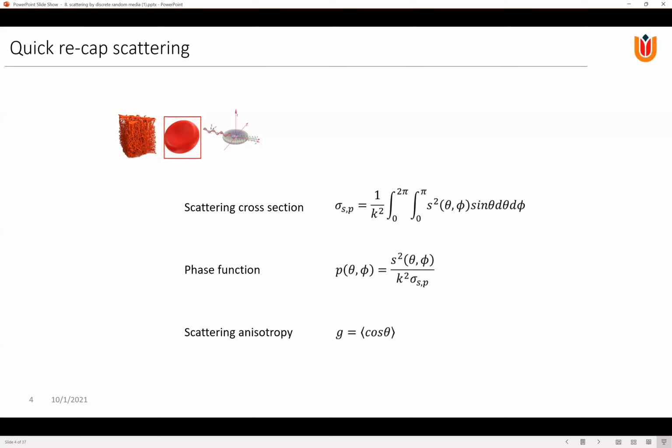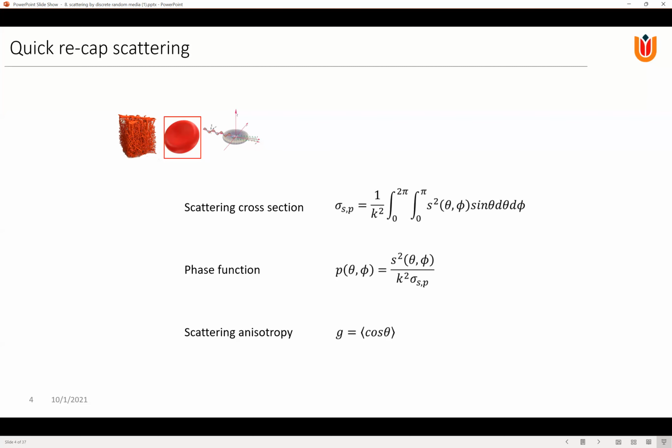S squared was the function that describes how light was distributed into different angles. What is then the phase function? What are the units of the phase function? It's normalized, so it's a probability distribution.